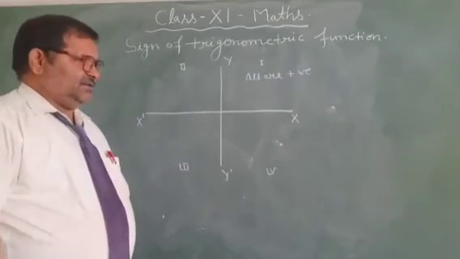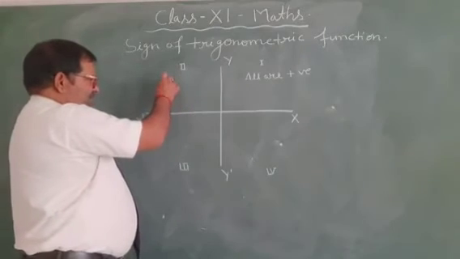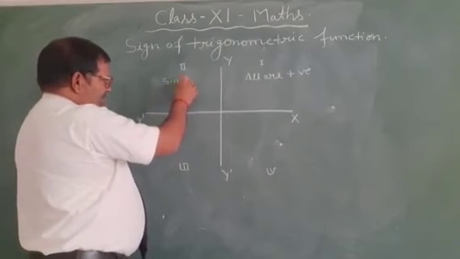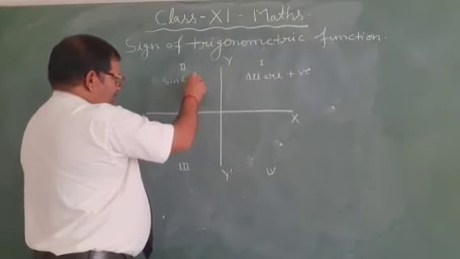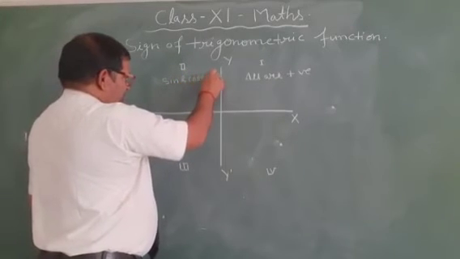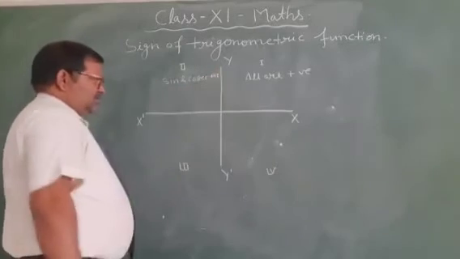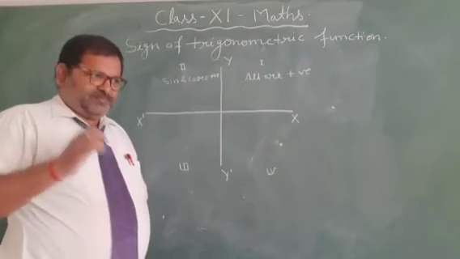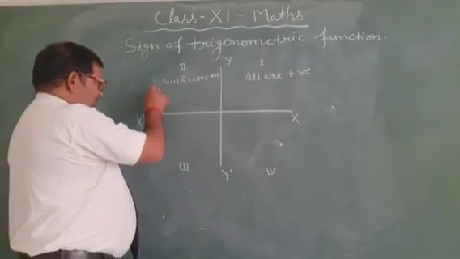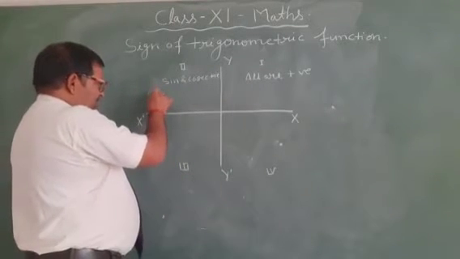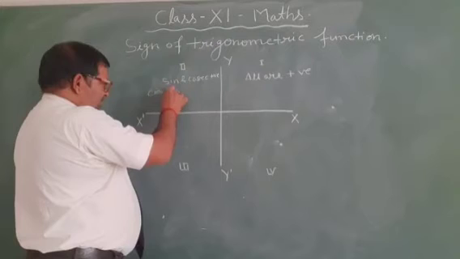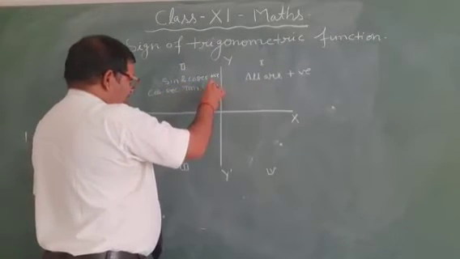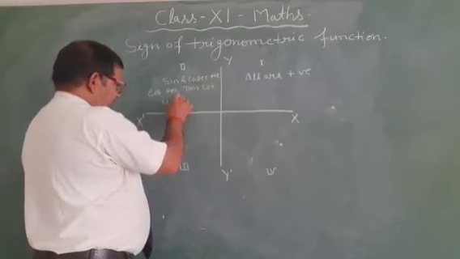second quadrant, sin and cosec be positive, and the rest, cos, sec, tan, cot, be negative.